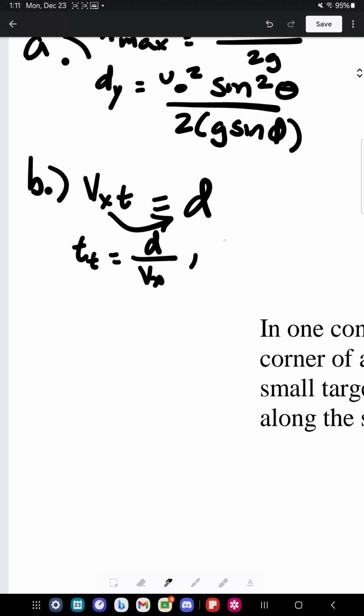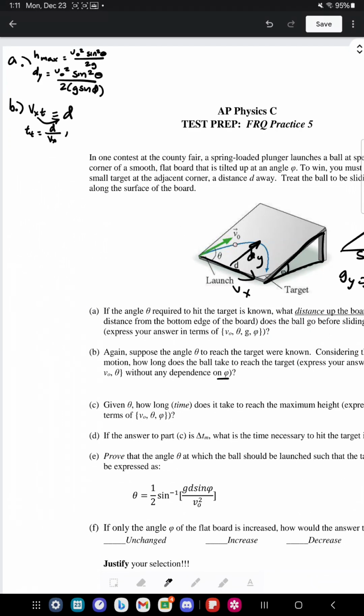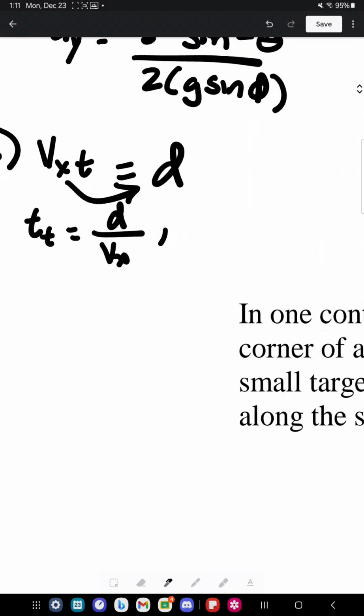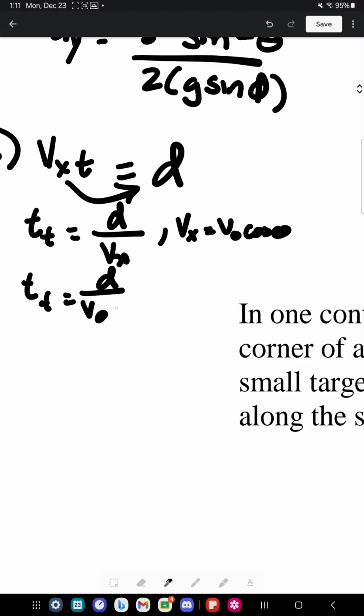But what is vx? If this is your hypotenuse, this is your theta, and this is your adjacent side, vx equals v0 cosine theta. So your time total equals your horizontal distance over v0 cosine of theta.